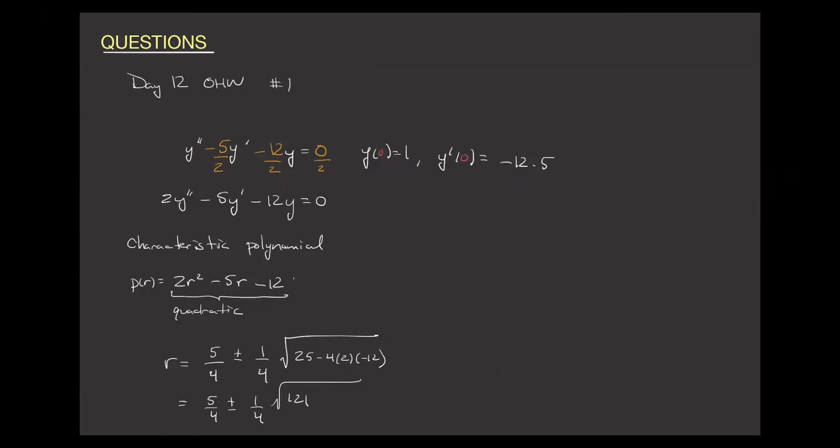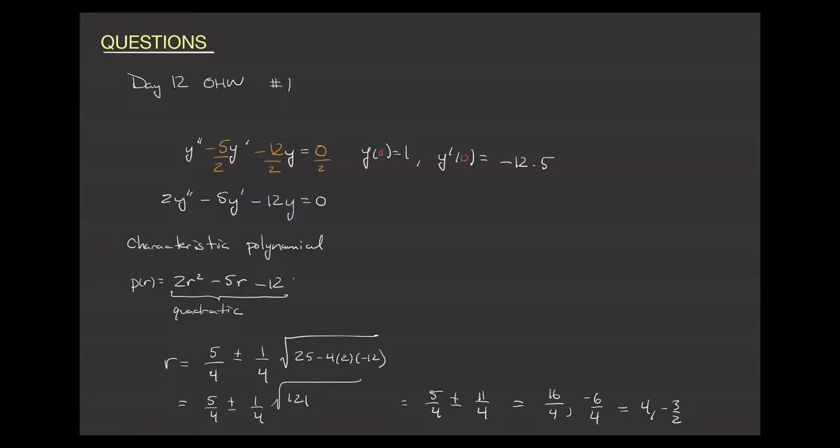That's going to be 5/4 plus or minus 11 over 4. That gives us 16 over 4 and also -6 over 4. Or 4 and -3/2.